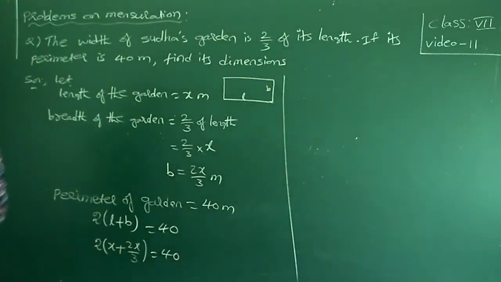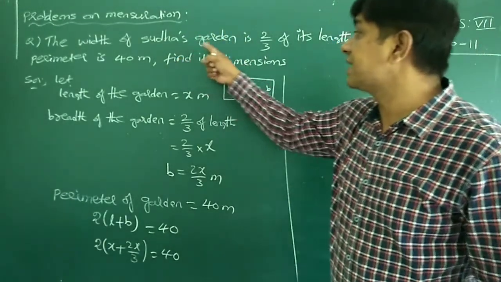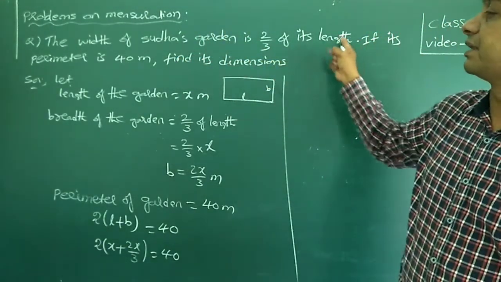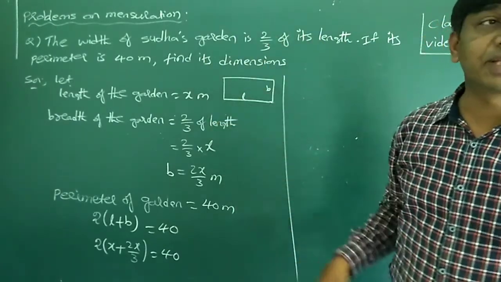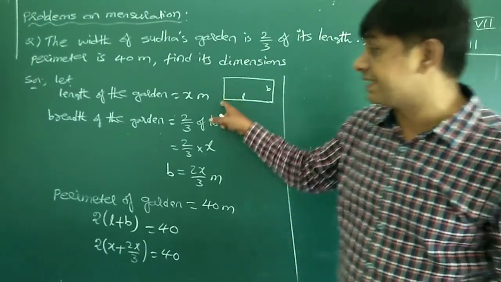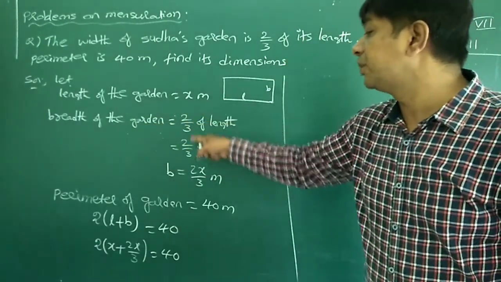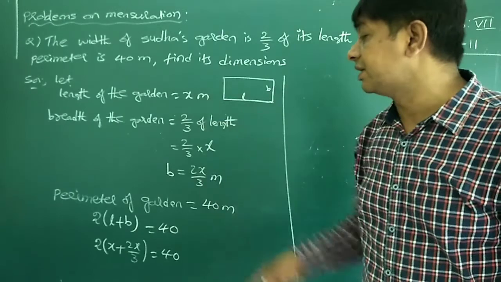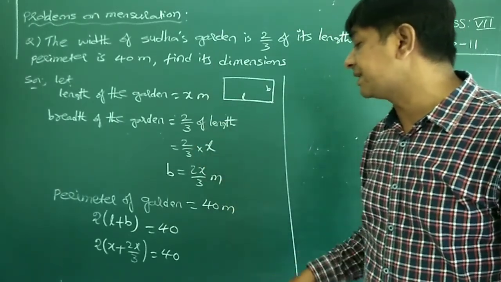Okay. See here, once again I am repeating the question solution. The width of Sudha's garden is 2/3 of its length. Width depending on length. Let us assume that length of the garden is equal to x meters. Breadth of the garden is equal to 2 by 3 of length. 2 by 3 into length x, that is 2x by 3 meters.